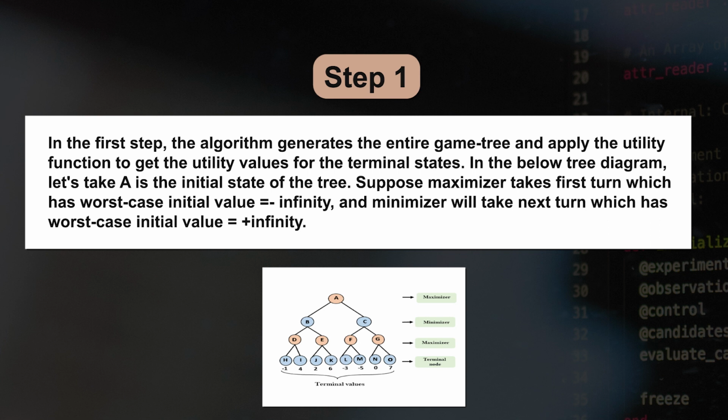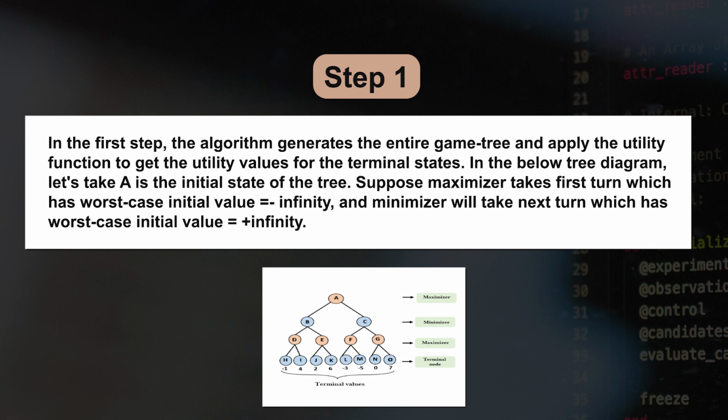So here in the tree we have A as a maximizer, then we have successors B and C as minimizer, then we have the successors of B as D and E, and we have the successors of C as F and G, which have the maximizer label.